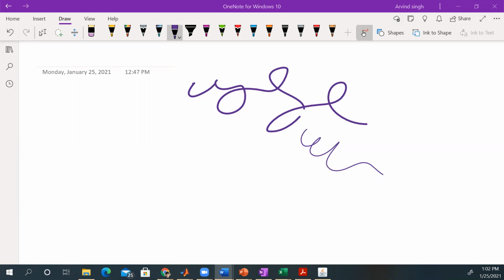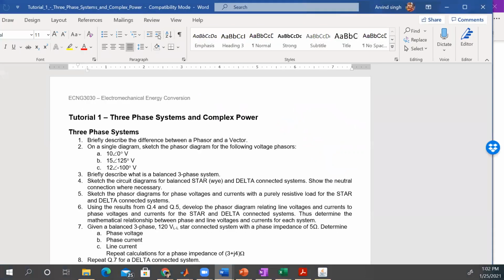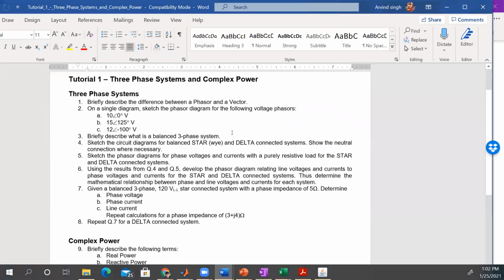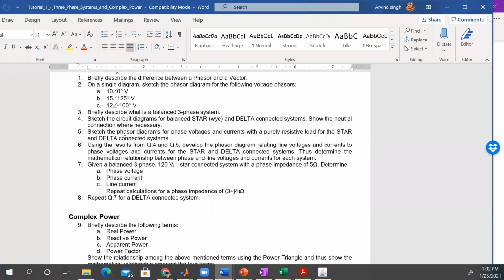The 3-phase tutorial, you all should have it. We'll go through some of the things just orally. Did I put on the record? Yes. So most of these you should be familiar with already.